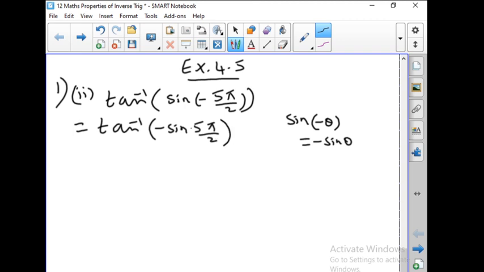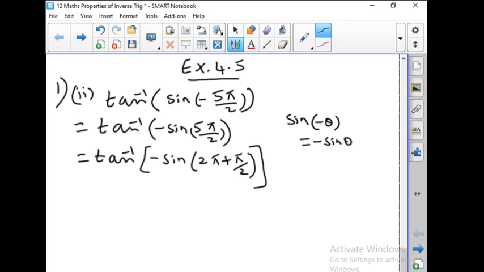So it is equal to tan inverse of minus sine of 5 pi by 2. We can write it as 2 pi plus pi by 2, splitting. 5 pi by 2 is split into 2 pi plus pi by 2.